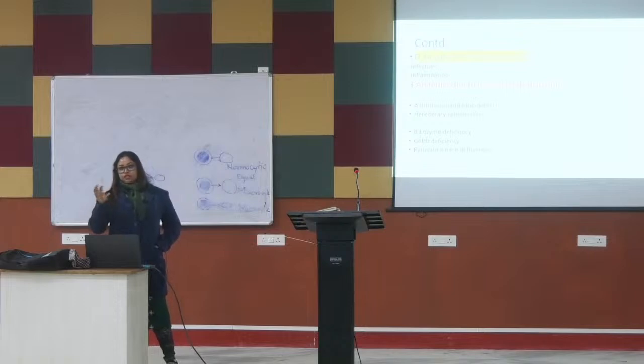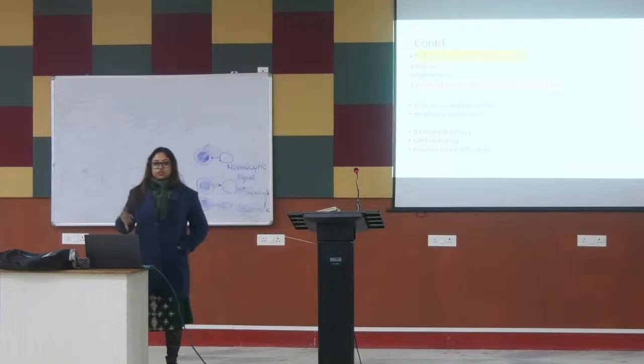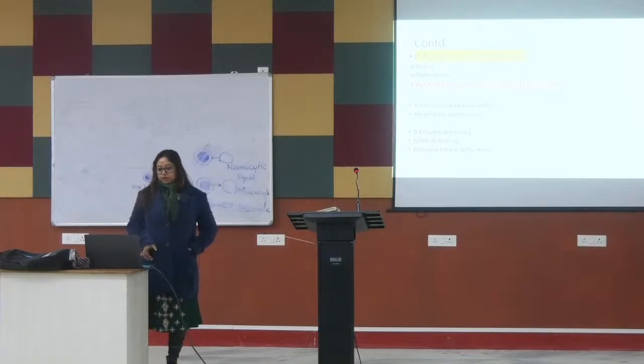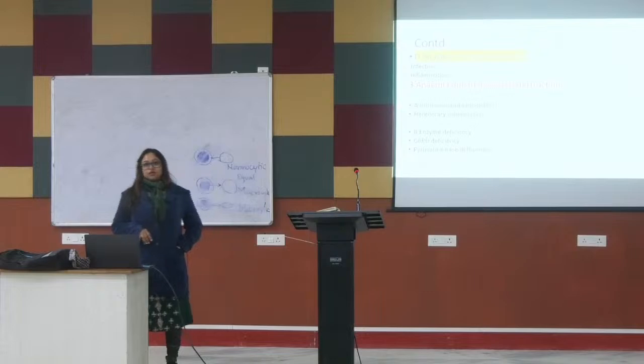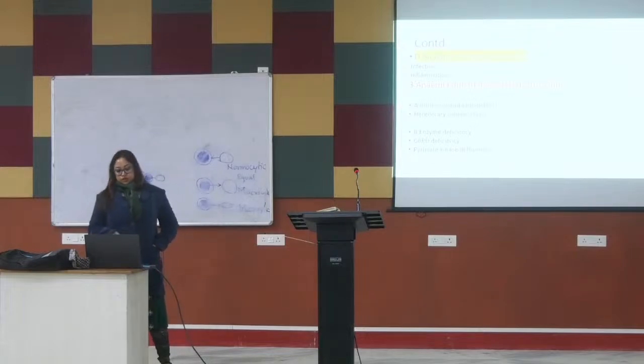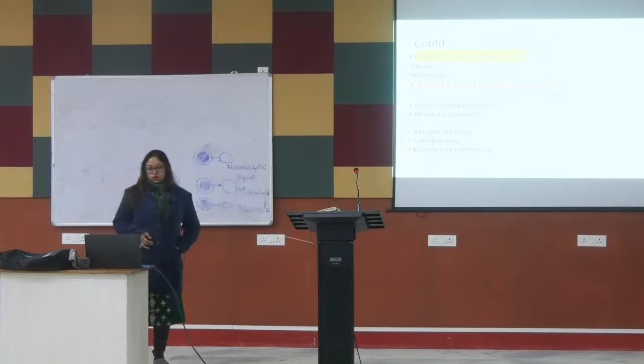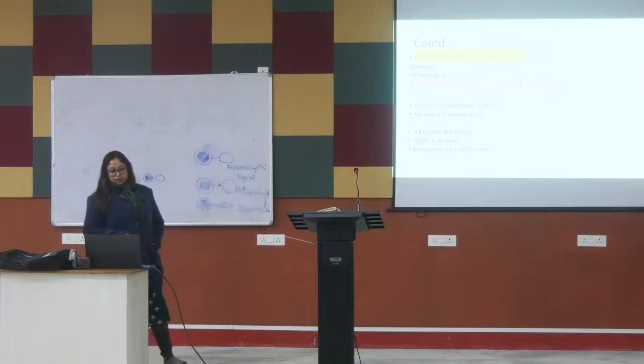It became like a sphere. RBC looked like a disc-like structure. But due to membrane defect, it became spherical and prone to destruction, destroyed easily. So, hereditary spherocytosis is an example of intrinsic membrane defect anemia.